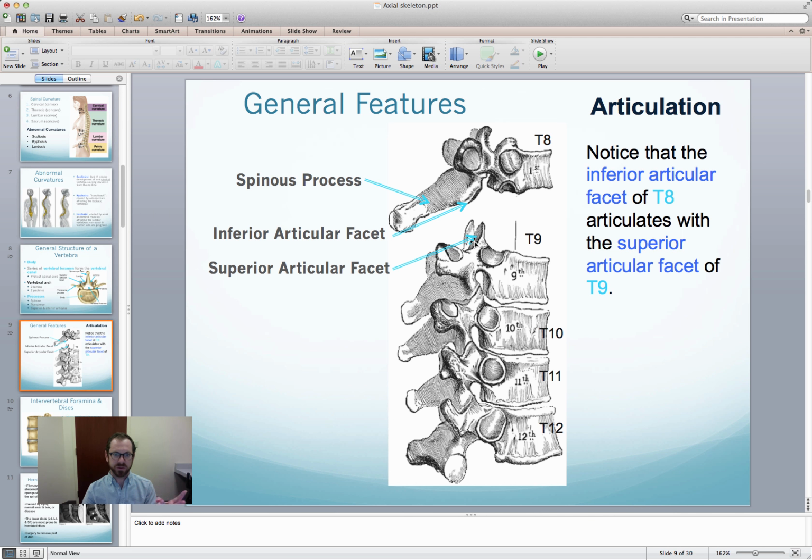So there's going to be three spots. There's going to be the inferior, the superior articular facet, and then the body of the vertebrae are going to come together. And notice that the inferior articular facet of this vertebrae, T8, articulates with the superior articular facet of T9. This is the vertebrae just below.